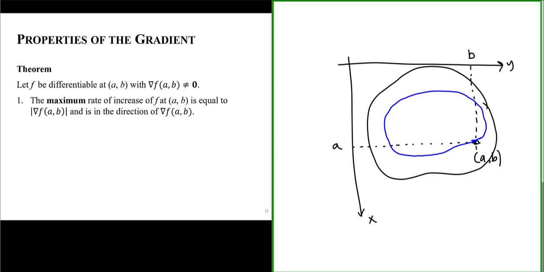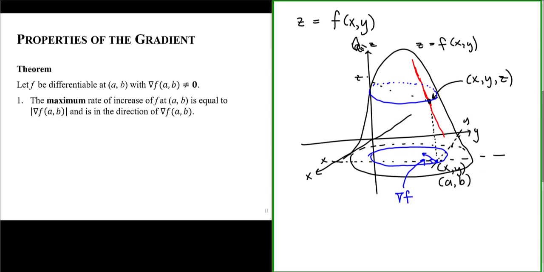Now, that direction will always be perpendicular to that level curve at that point. So this right here represents the gradient of f at (a, b). And if we were to change our independent variables in that direction, we would end up ascending our hill at the maximum possible rate.